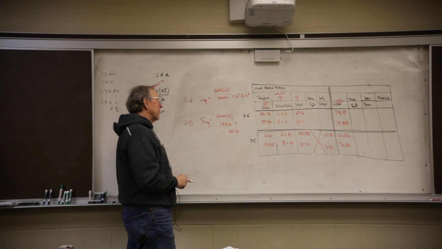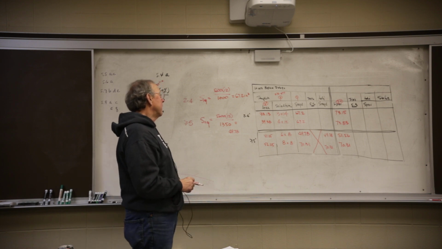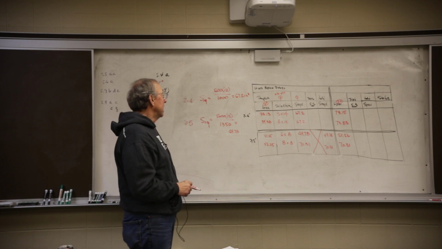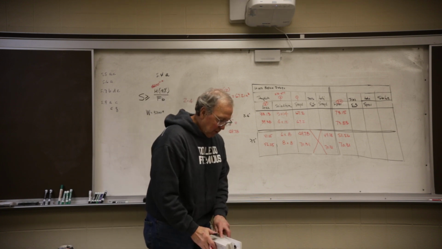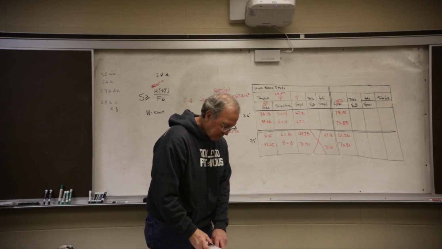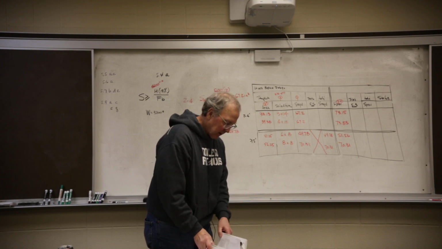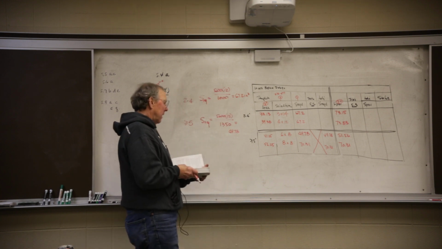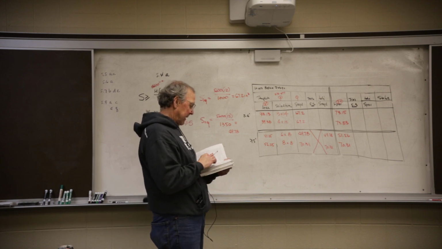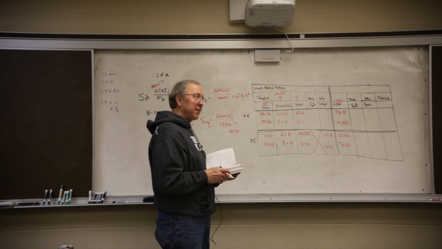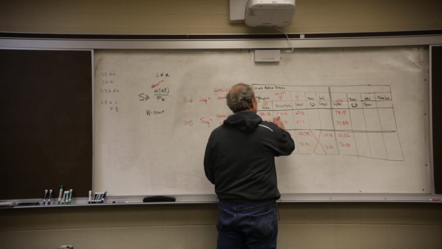Okay, I've got numbers I need for the 3 by 14 and the 4 by 12. So I'd like you to go to 197. I'd like you to go under the FB column. I'd like you to find the width, 3.